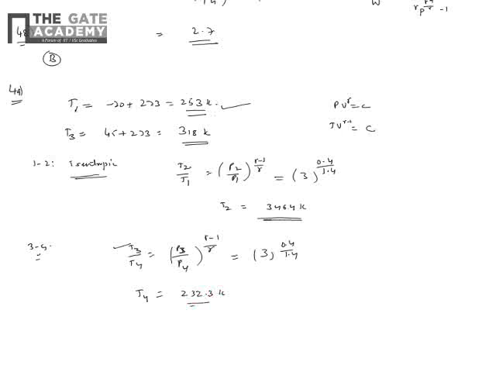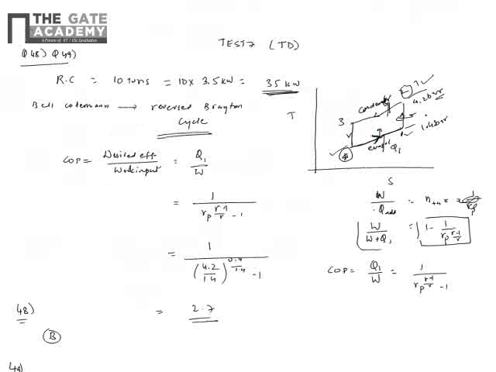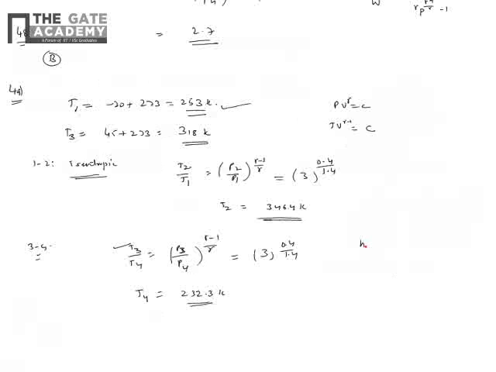232.3 Kelvin. So I know T4, I know T1, and the enthalpies per unit mass. What is the enthalpy increase? H1 minus H4, because it's air I can use Cp (T1 minus T4), and mass flow rate into (H1 minus H4) is the heat that is taken from the refrigeration space per second, and that is nothing but your refrigeration capacity, which is 35 kilowatts.